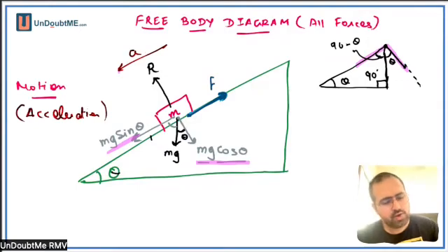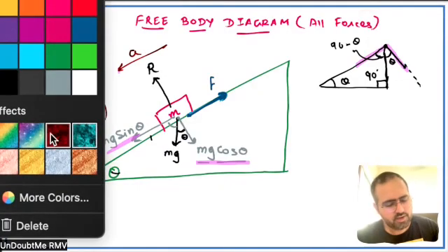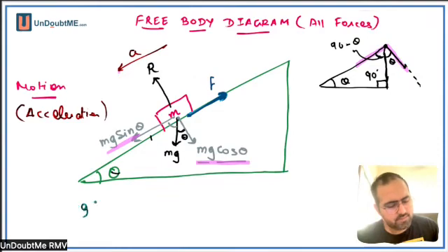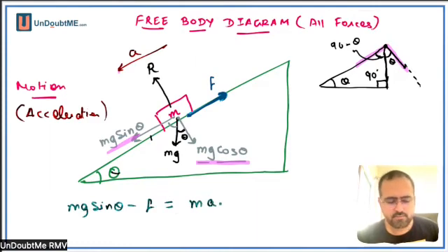We're going to write the equation in the same format. Mg sine theta minus f is the net force in the horizontal direction. That will be equal to mass times acceleration. Is it non-zero?